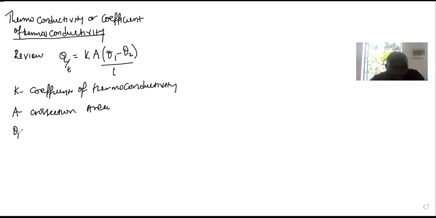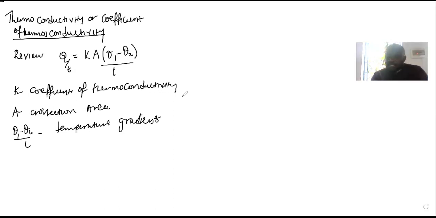Then we had θ1 minus θ2 out of L as the temperature what? Temperature gradient. So you can take a look at examples, calculations on this, and we see how we can go about them. So we can have an example here.